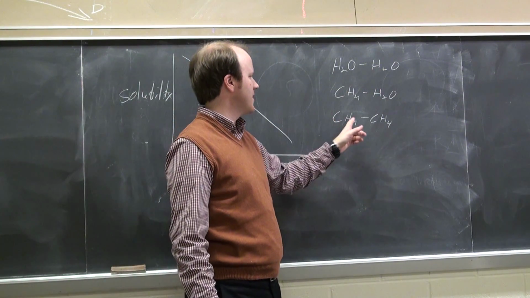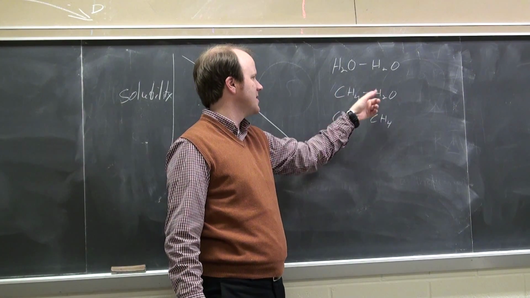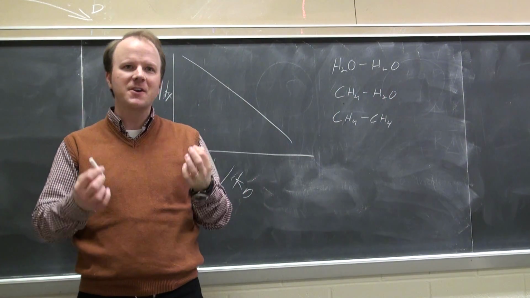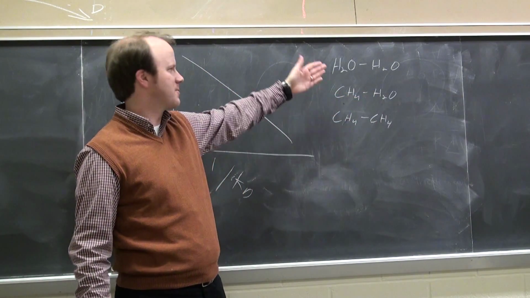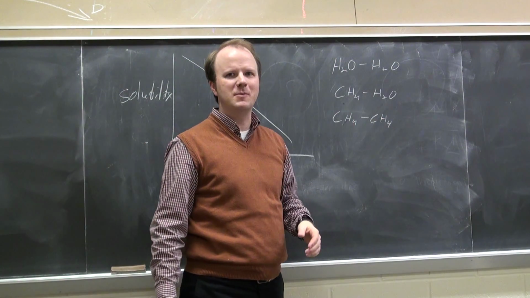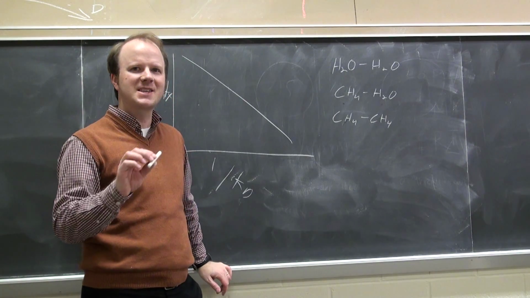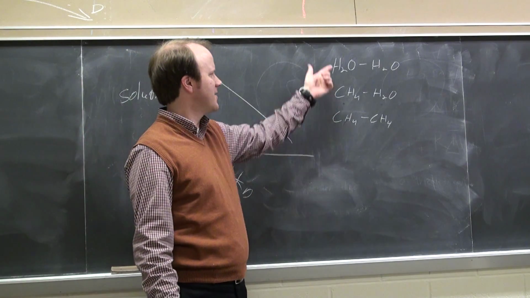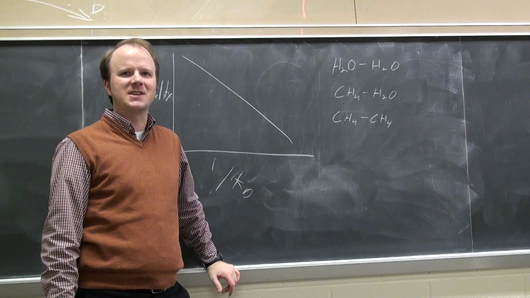We looked at the pairing energy of methane, and then the pairing energy of methane and water. From those, we could figure out that it was unfavorable for water and methane to mix, where it's favorable to have water-water interactions and favorable to have methane-methane. We went through a very complicated exercise for hexane in water. That's probably not so important, but these pairing energies are important in that one gas phase example.